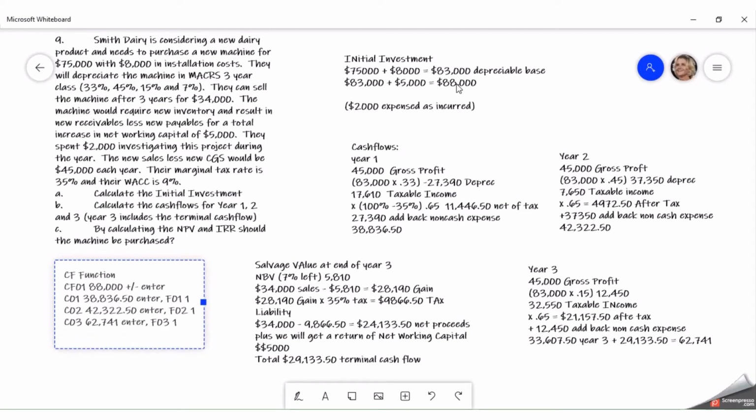Then we'll come over to the net present value, and the I is equal to 9. Hit enter, and then we'll compute. Just looking at it, I think it looks like it's a good project. So, all right, so 88,000, make that negative and push enter is our cash flow for year 0.